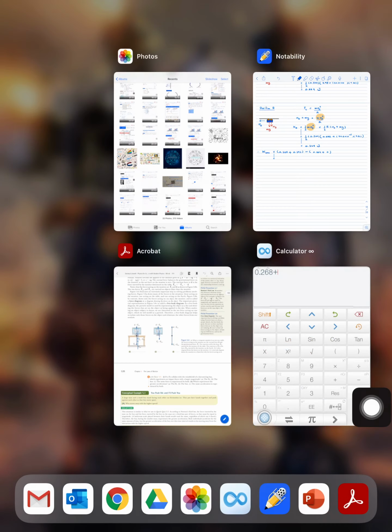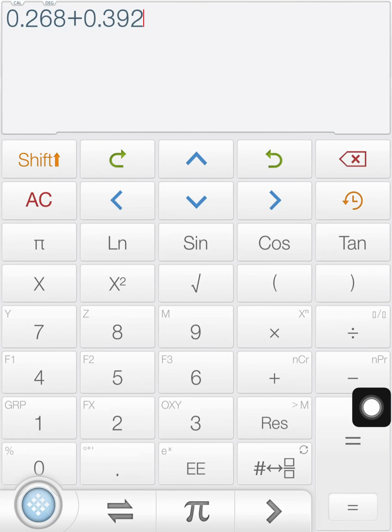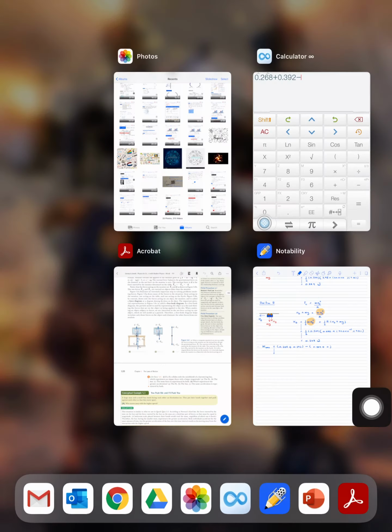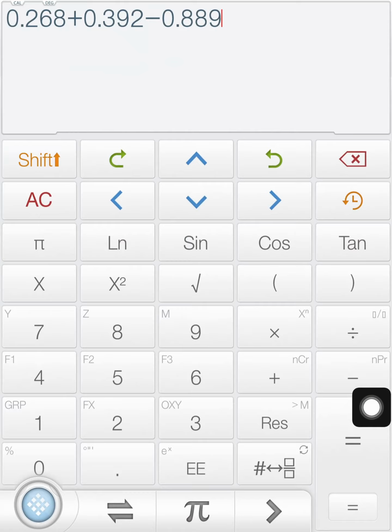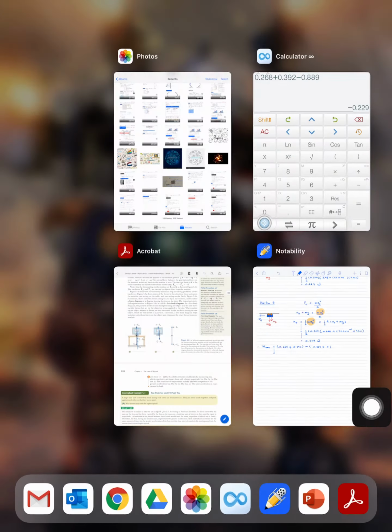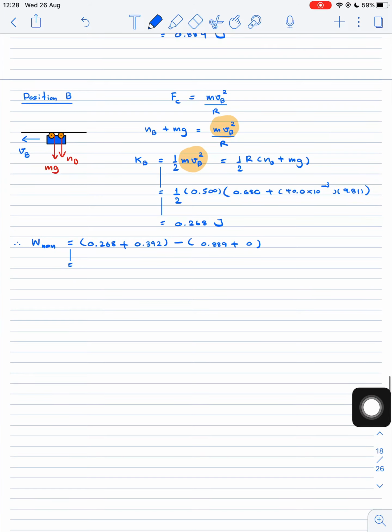0.392 minus 0.889, which gives minus 0.229 joules. Okay, so this is the answer. You can see that the work done by the non-conservative force, or the work done by the resistive force here, is negative.